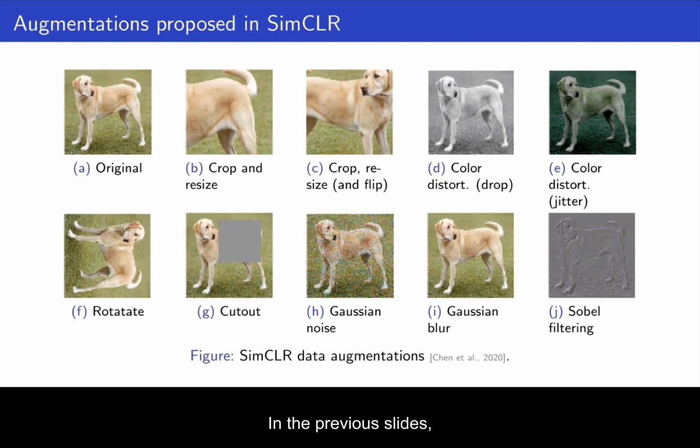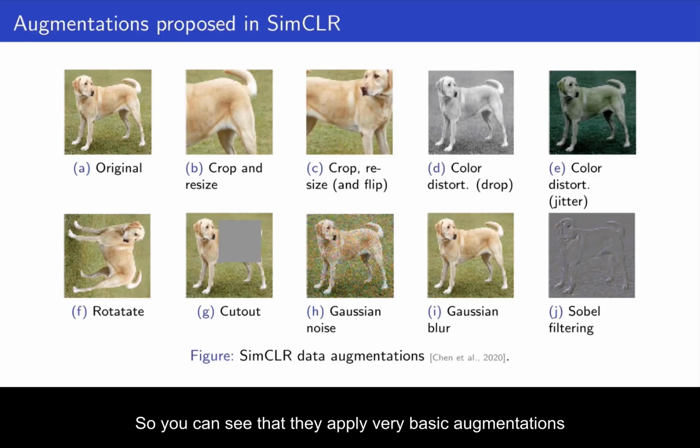In the previous slides, we talked about randomly selecting two different augmentations to create a positive pair. So now I just want to show you the types of augmentations that SimCLR leverages in their paper.